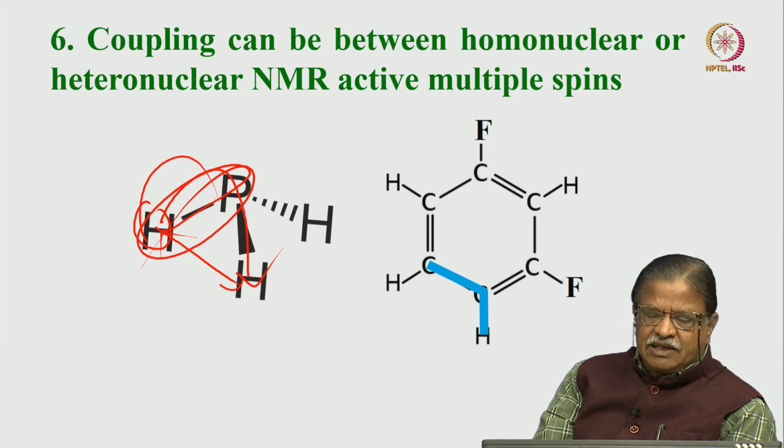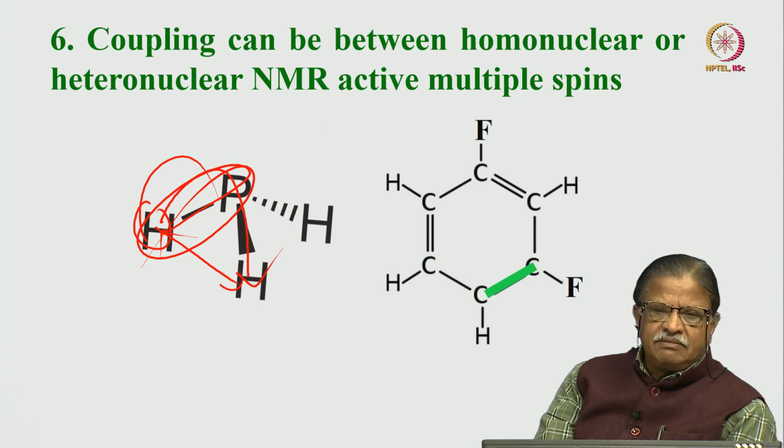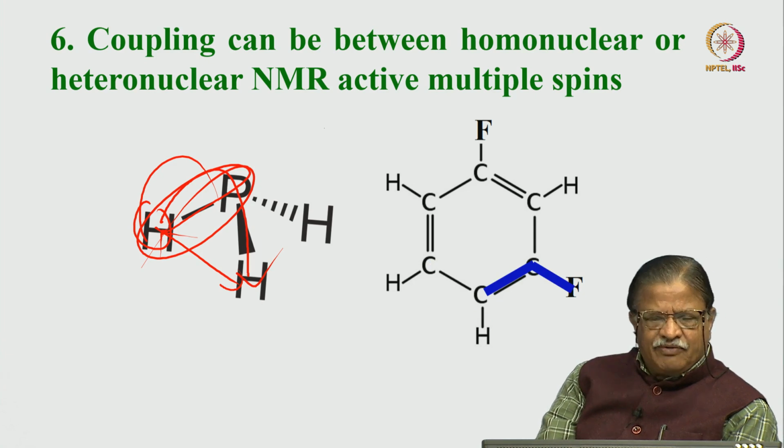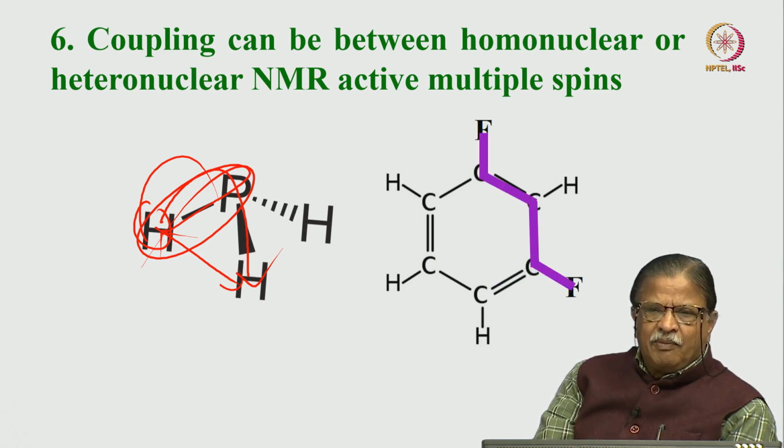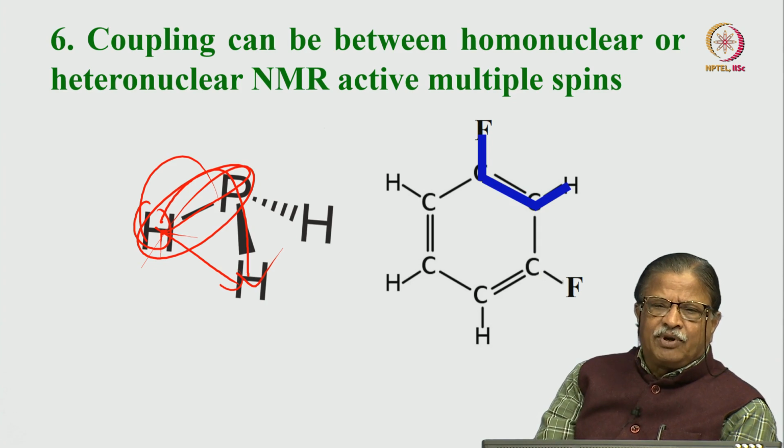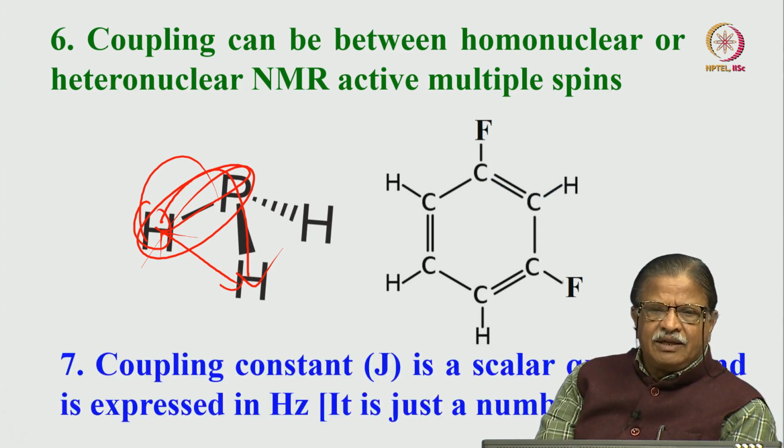There can be coupling between this carbon and this proton, 2 bond coupling, heteronuclear. This is 1 bond coupling CC, homonuclear. 2 bond coupling carbon and fluorine, heteronuclear, and 4 bond coupling between fluorine and fluorine, homonuclear. 3 bond coupling between fluorine and proton, again heteronuclear.